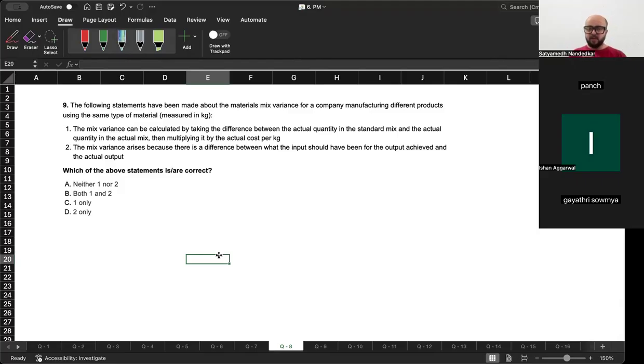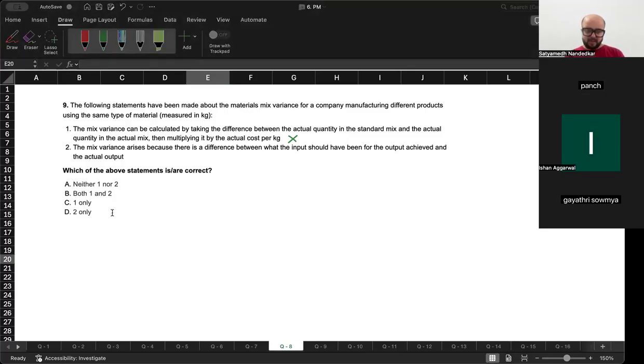Mix variance can be calculated by taking difference between actual quantity in standard mix, actual quantity in actual mix, then multiplying it with actual cost per kg. Do you multiply it with actual cost per kg or standard cost per kg? You have standard cost per kg outside the bracket, so this is wrong. Which means then look at the second one. Mix variance arises because there is a difference between what the input should have been for the output achieved and the actual output.